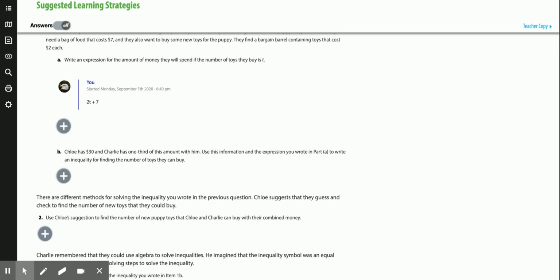Part B, Chloe has $30 and Charlie has 1/3 of this amount with him, which is $10. Use this information and the expression you wrote in Part A to write an inequality for finding the number of toys they can buy.